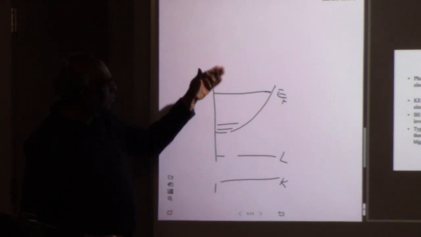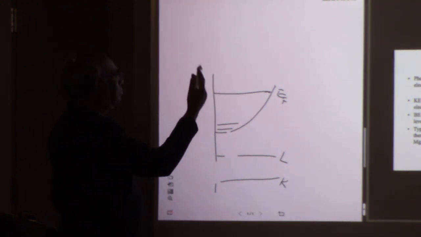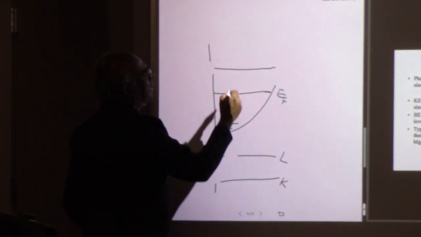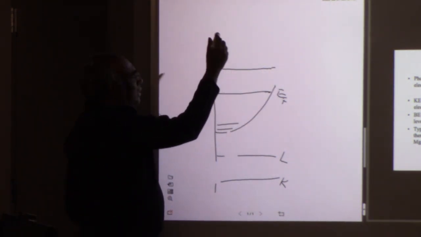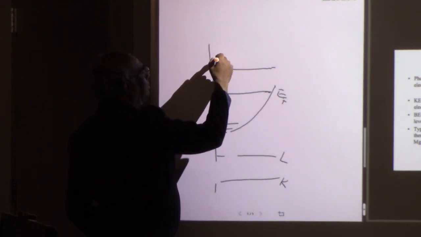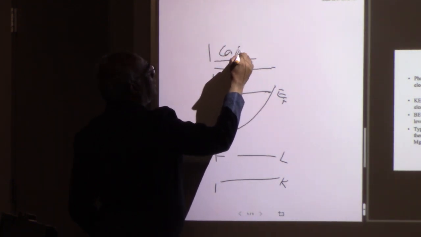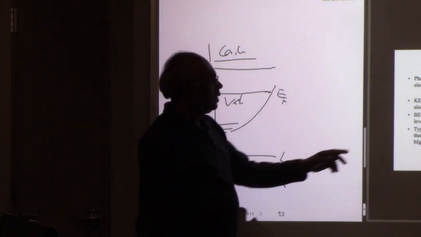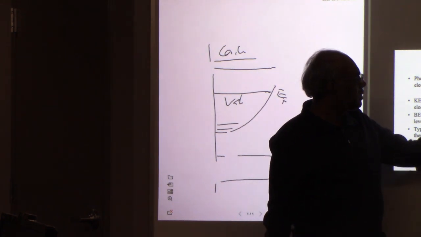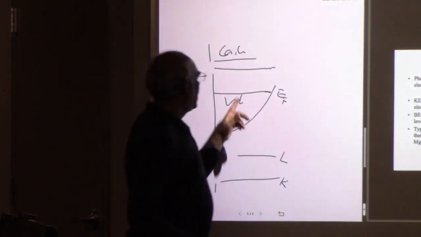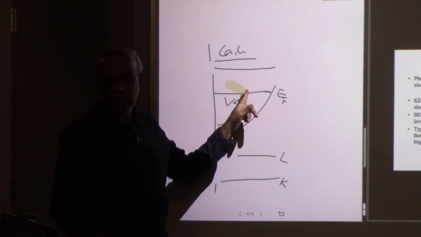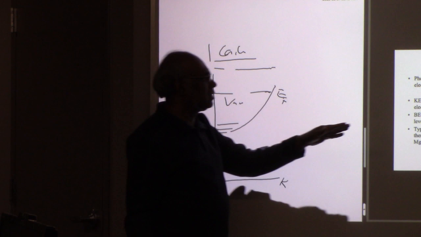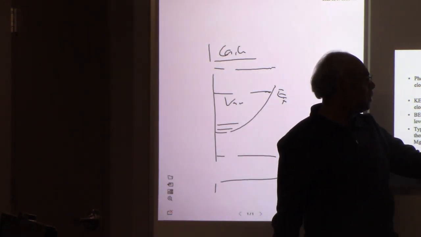So if you provide more, if you have a semiconductor, what happens? Then you have a band gap here, right? From there you have the conduction band here. This is your valence band. I've just drawn it up to this point. So this is for a metal. Here I'm talking about a semiconductor. For a metal, we don't have a band gap, right? That's all we have. This is the Fermi energy.